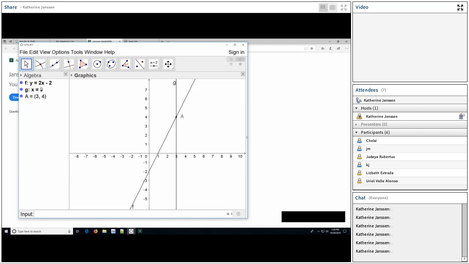I have my line y equals 2x minus 2 and my test line when x is 3, and that intersecting point's labeled for us. When x is 3, y indeed is equal to 4.